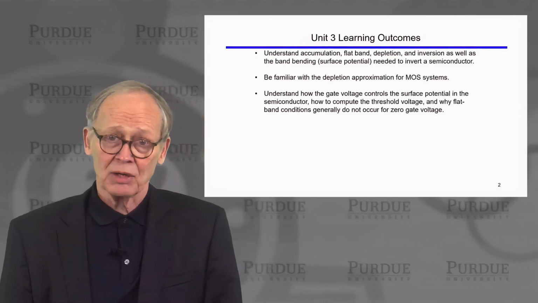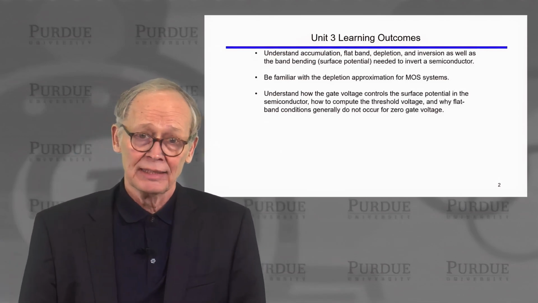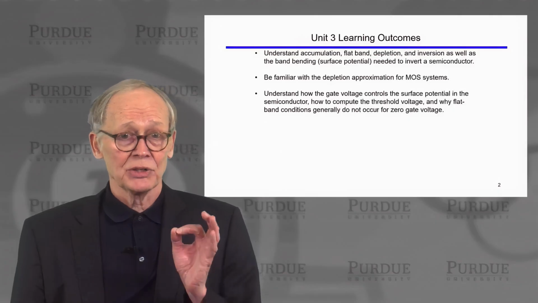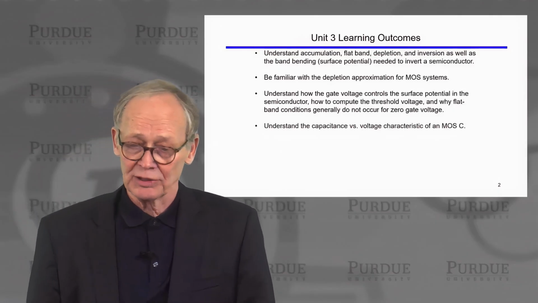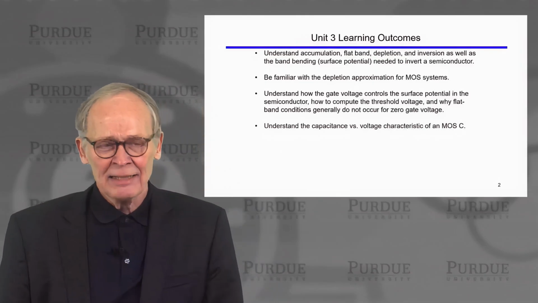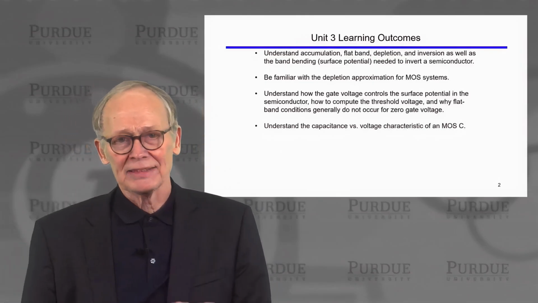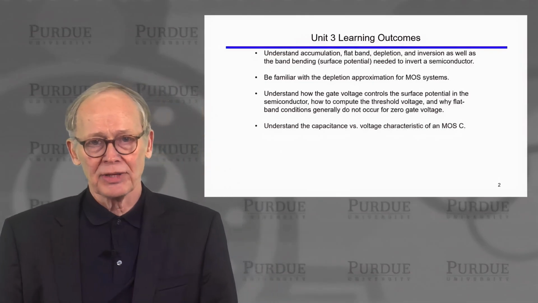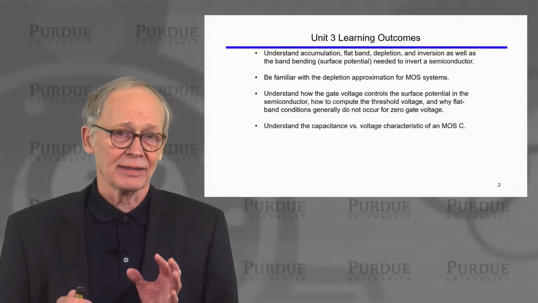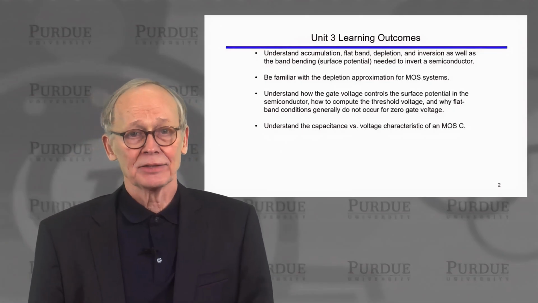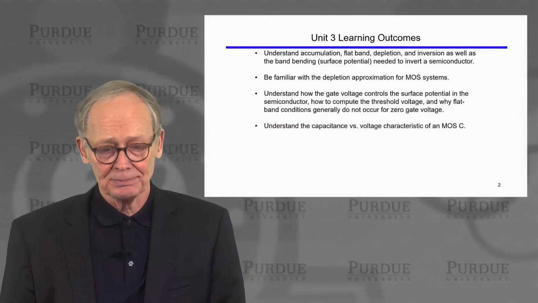We also talked about why flat band conditions generally don't occur when you apply 0 volts to the gate. That's because of a metal semiconductor work function difference. We then talked about the capacitance versus voltage characteristics of MOS capacitors, a widely used technique to learn a lot about the semiconductor insulator metal system.